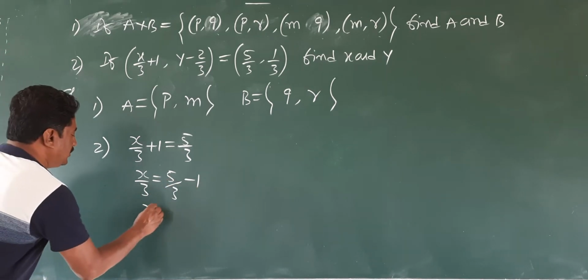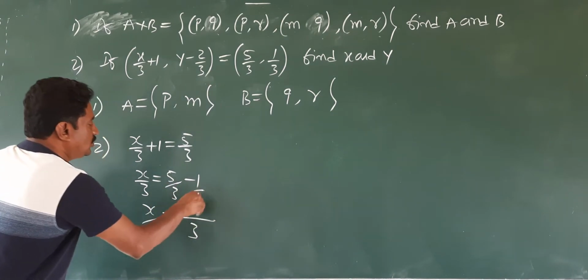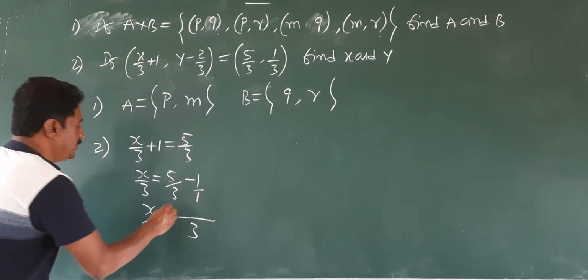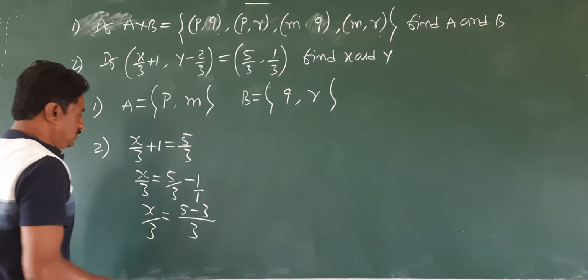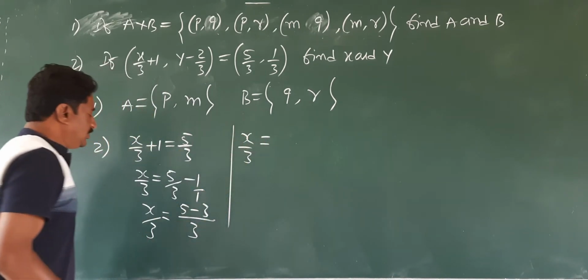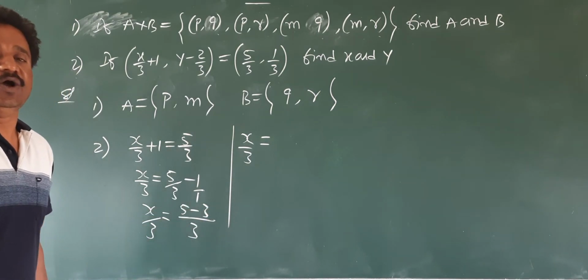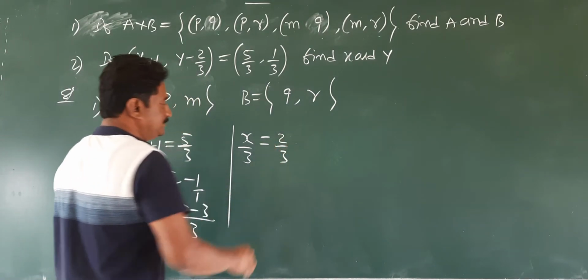So x by 3, tell me LCM, 3. So cross multiplication is enough: 1 fives are 5 minus 3 ones are 3. So write x by 3 is equal to 5 minus 3. Tell me students, how much is 5 minus 3? 2. So 2 by 3.